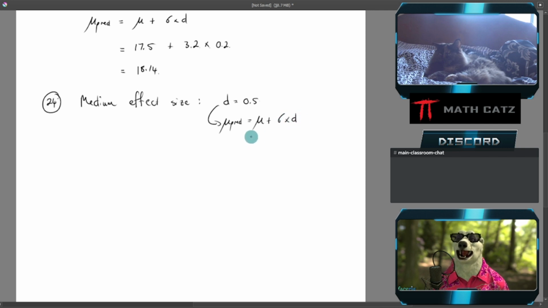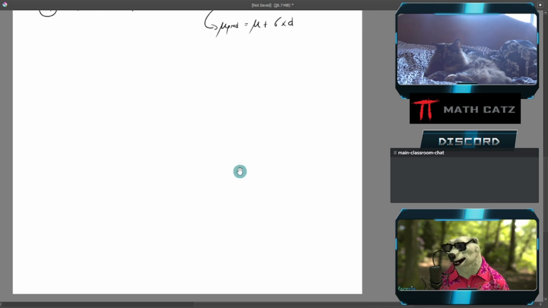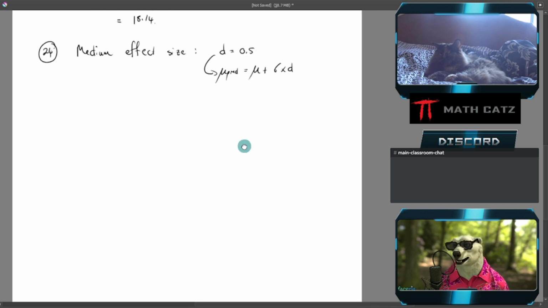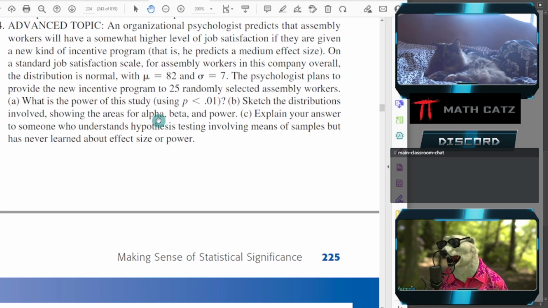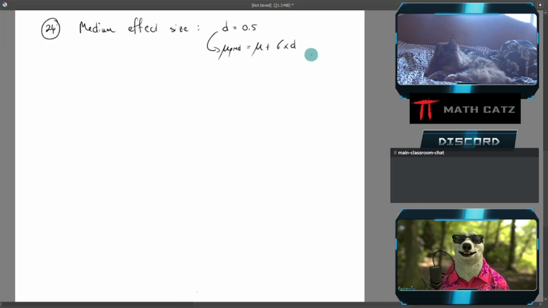I'm just thinking about my spacing here. I need two diagrams here, so I think we'll be okay. So my mu is 82, sigma 7. Okay, so I have 82 plus 7 times 0.5.